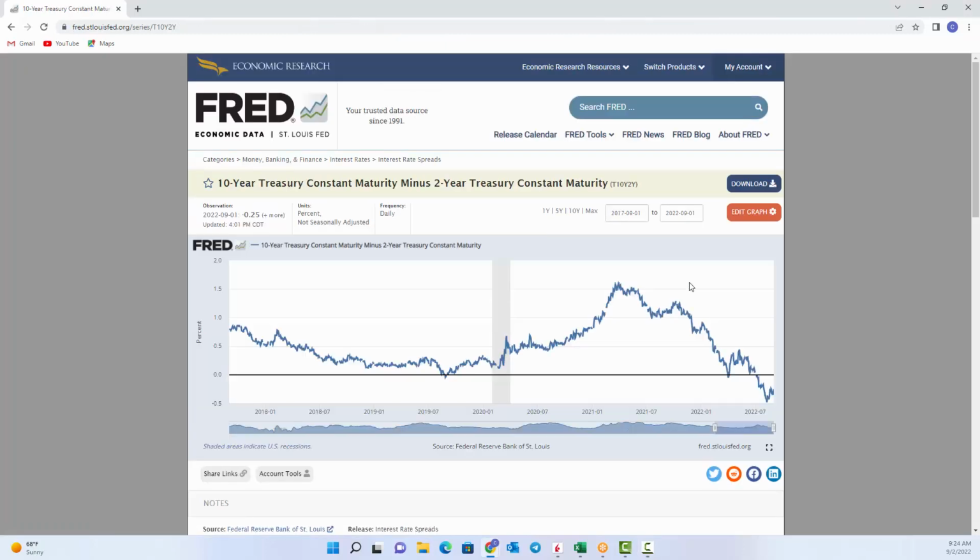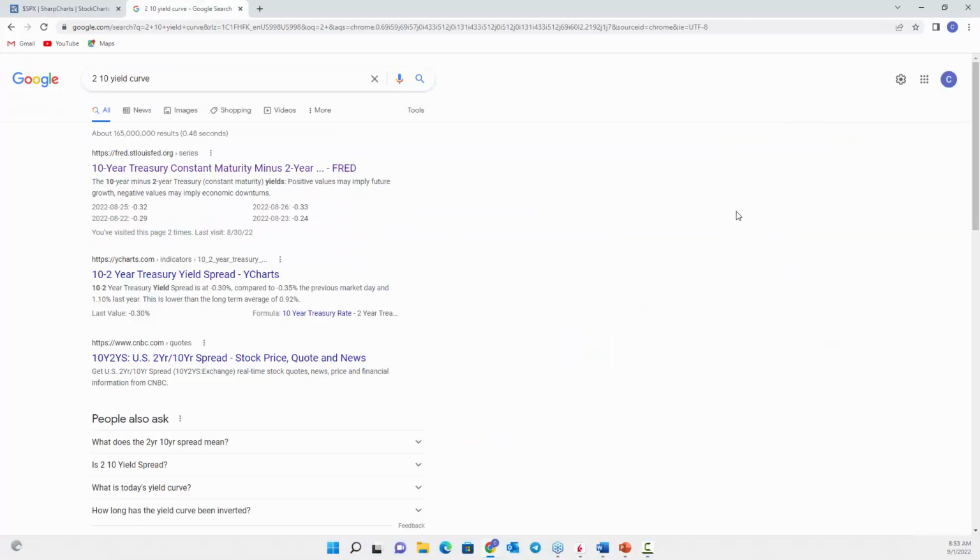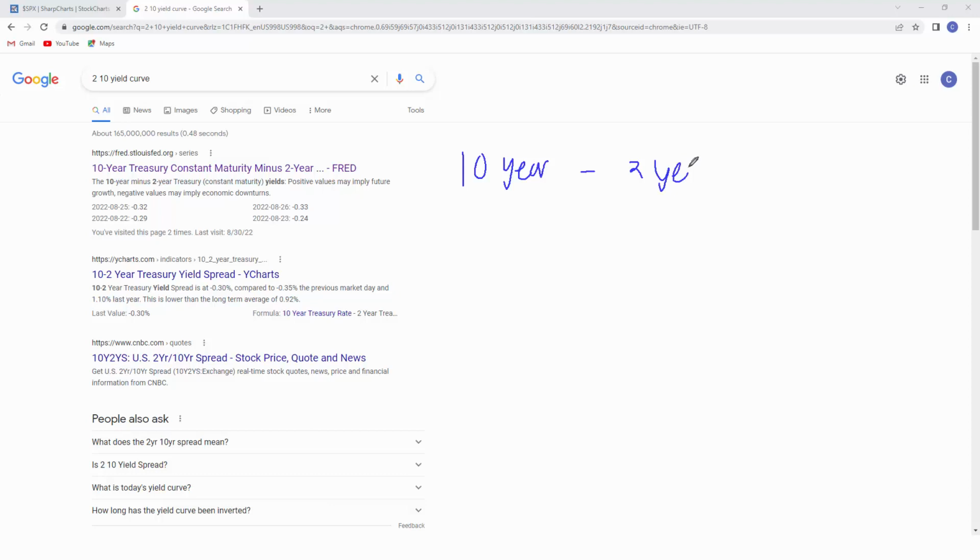If I click on that, it's going to bring me into the chart, which is what we're talking about today. So what they're doing is they're taking a 10-year yield and subtracting the 2-year and showing the differential.